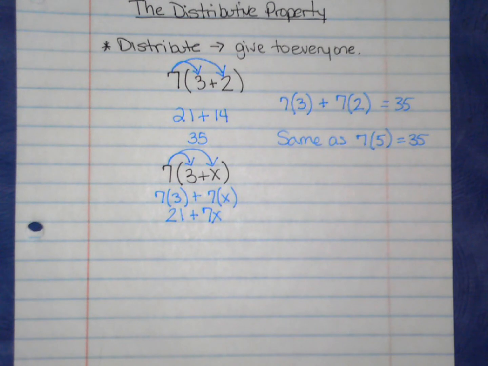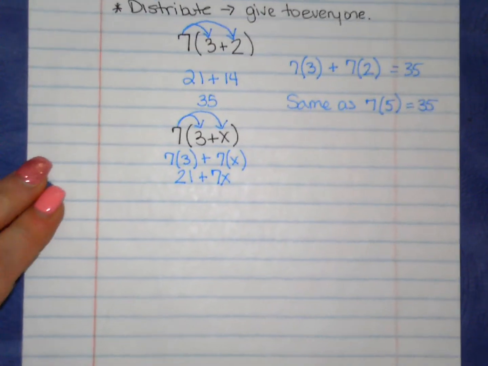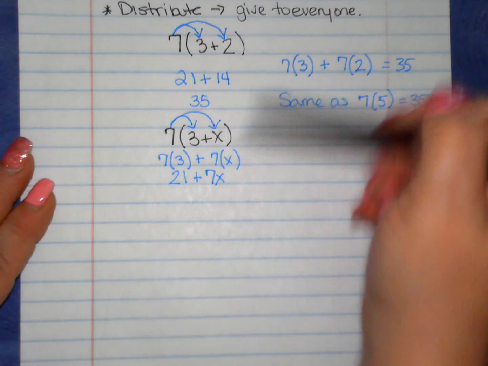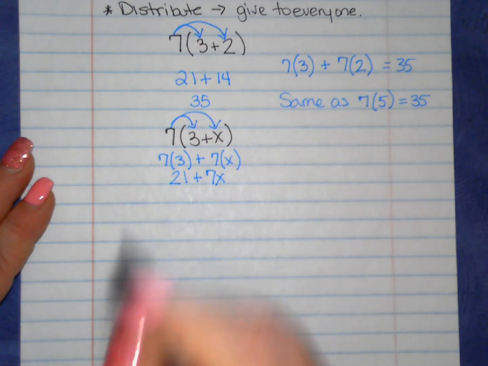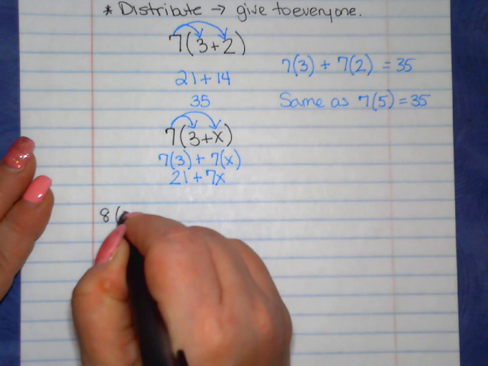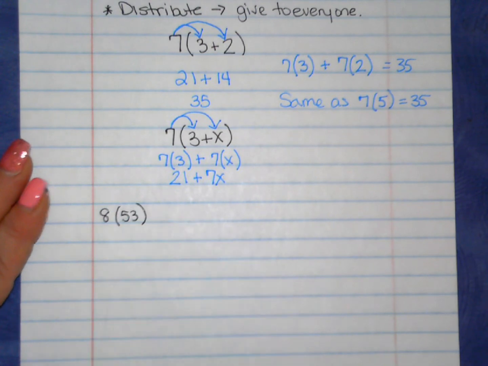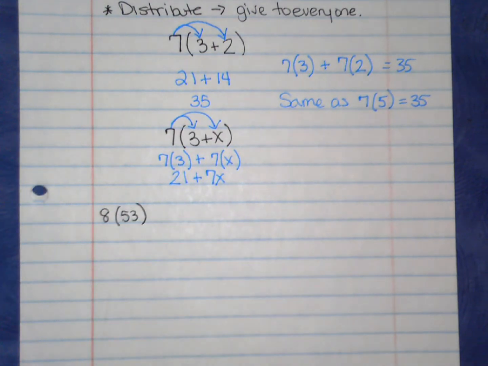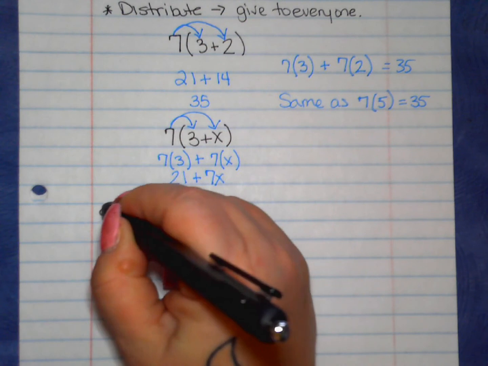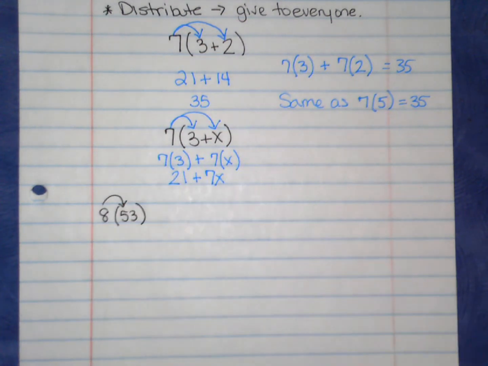Okay. We can also use the distributive property along with helping us do mental math. So it doesn't always have to be this hard. It could be an easy problem. For instance, like 8 times 53. So what we can do is we can look at this as 8 times 50. So I'm going to use the number from my tens column.